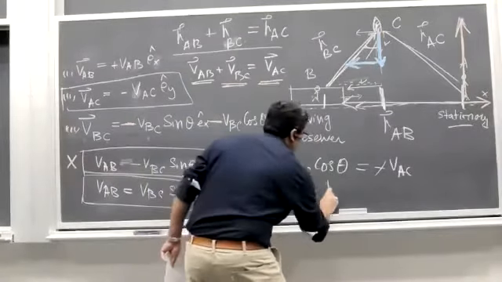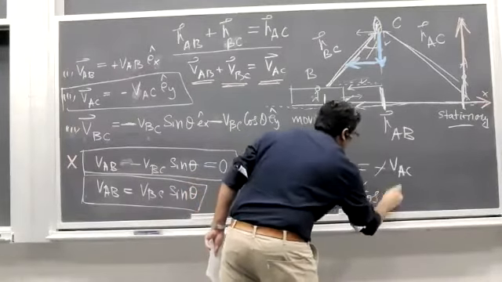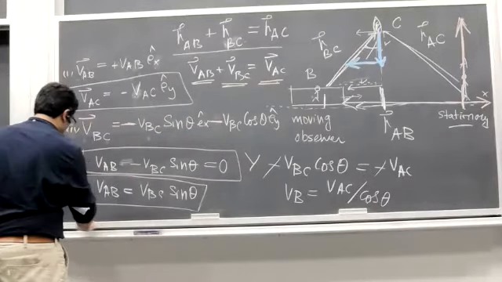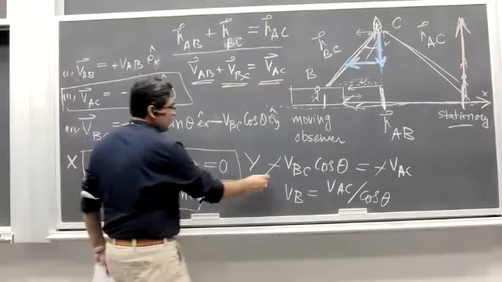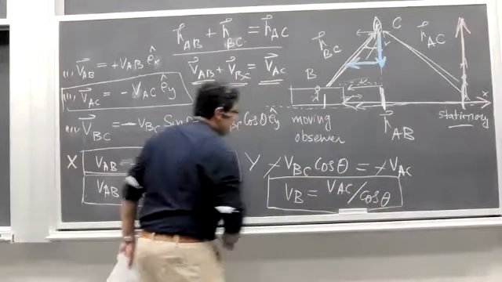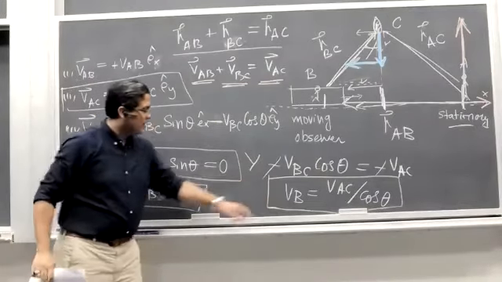So what do we get from here? VBC equals VAC over cosine of theta, right? So this is the other equation that we got. And now you can substitute the value of VBC from there to here.